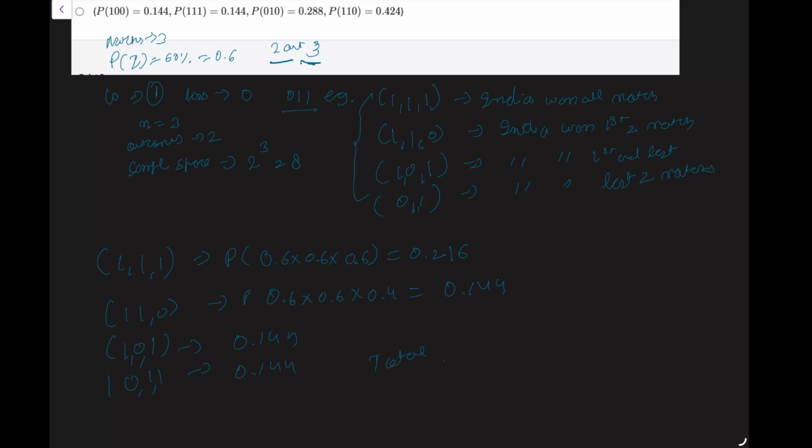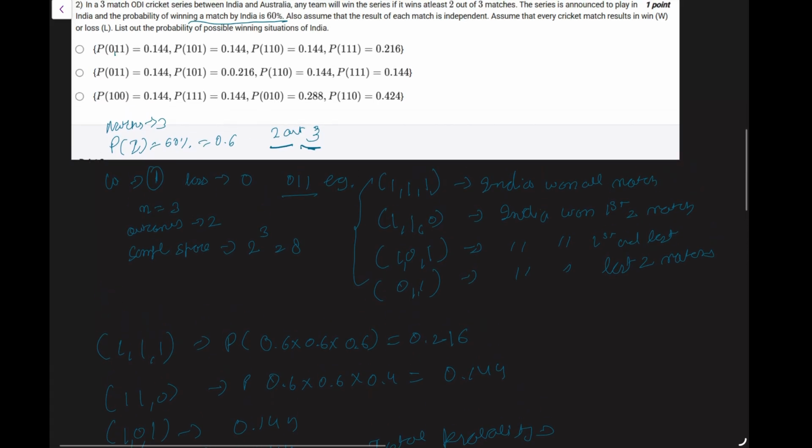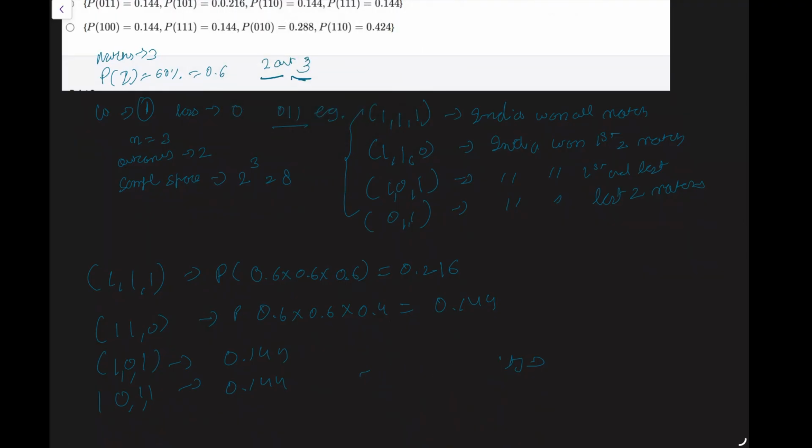Now, the total probability of India winning a series is... okay, the question never asks that. The question is not asking for the total probability, just the correct option.